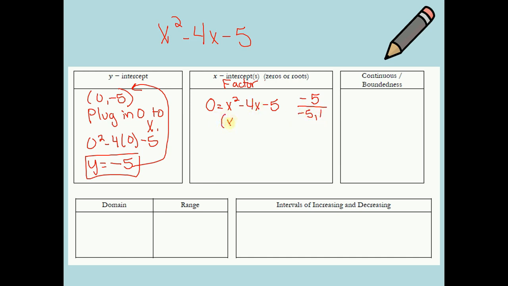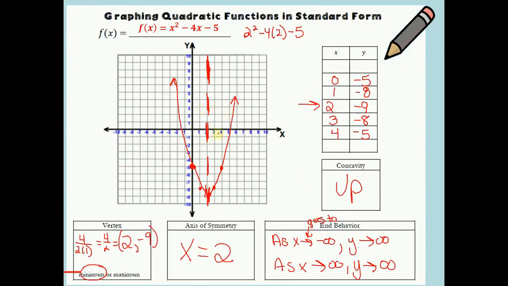So I can jump immediately to my factors since my a is 1. It looks like I have x values of 5 and negative 1. So ultimately, my x-intercepts should be (5, 0) and (-1, 0). Close, not perfect, but close on my graph.